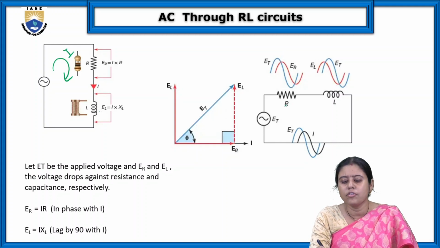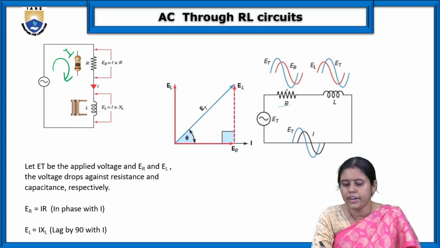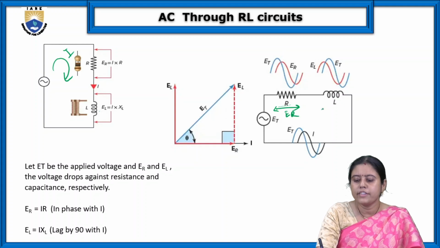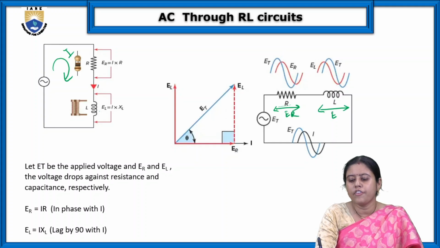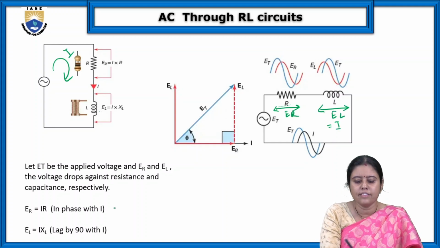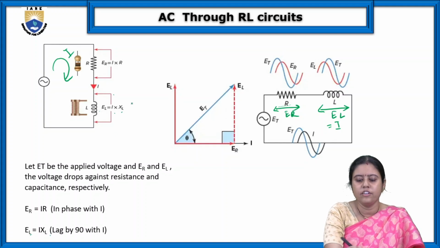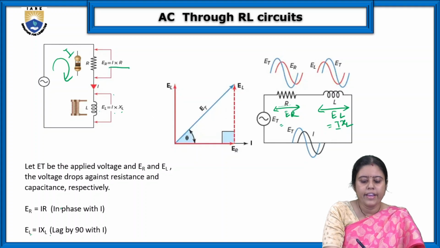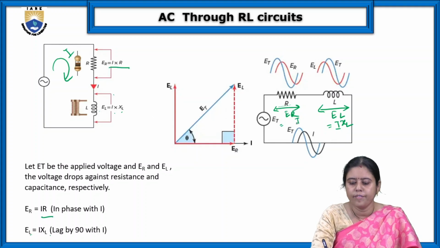Now you can see the voltage drop here is ER, and the voltage drop here is EL, which is I into XL. ER is equal to I into R.